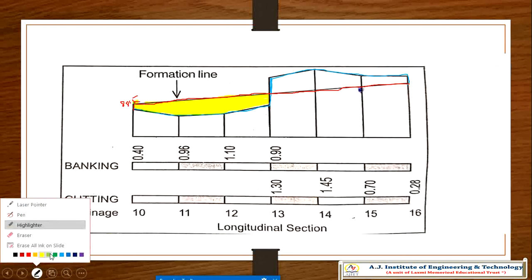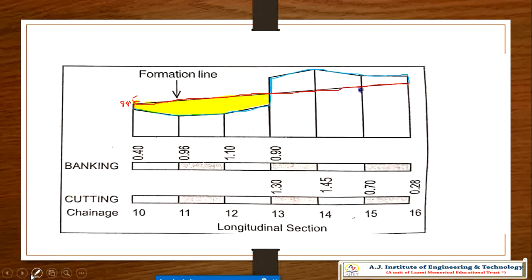And this is to be, what? This is for cutting. And one more thing you ought to keep in mind, as per our economical purpose, the formation line should be done as per the Indian Roads Congress, as per IRC recommendation, as well as economically.